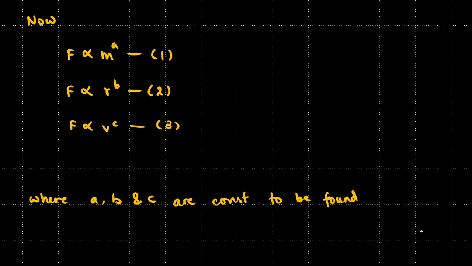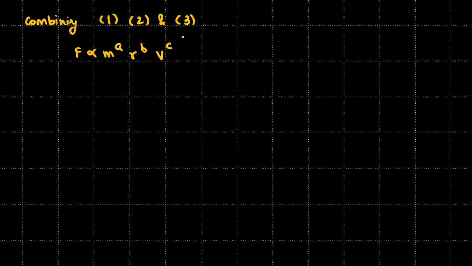So now let's combine all these three. Combining 1, 2, and 3, we will get F is directly proportional to m to the power a, r to the power b, and v to the power c.